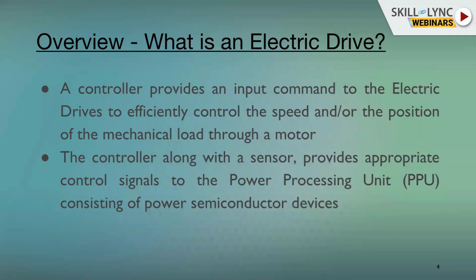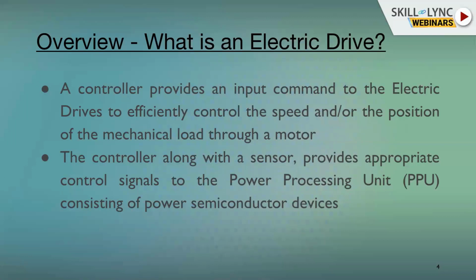So we have a set of components which are part of the overall electric drive system. One of them, which is a key component, is what we call a controller, which provides the command to the electric drive in order to control the speed of the motor or the position of the mechanical load.